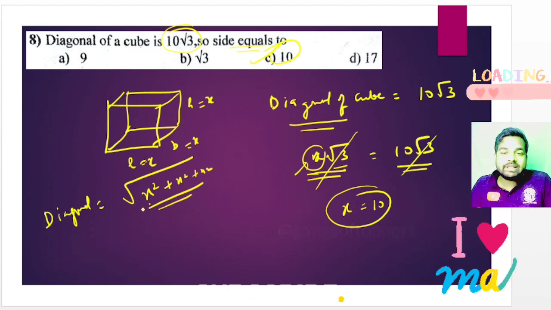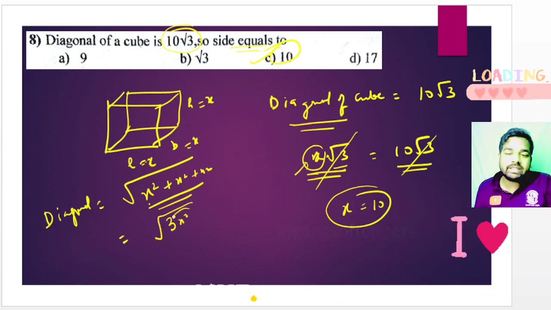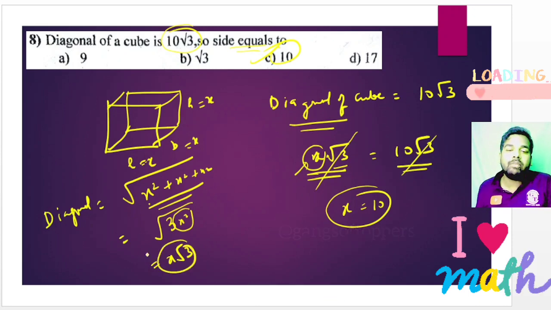Since all the dimensions are the same in a cube, it is x square plus x square plus x square, which is 3x square. Take x outside, and you get x root 3 as the formula of the diagonal of a cube.